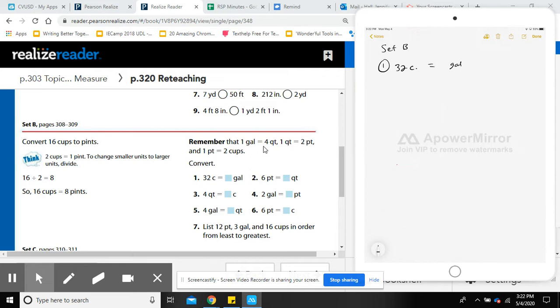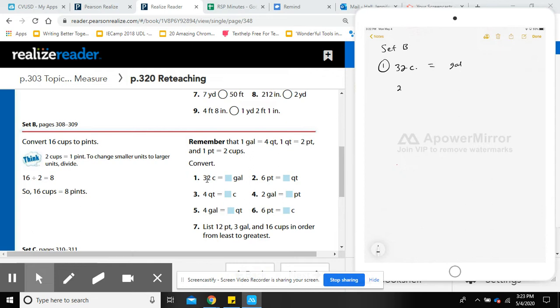So unless you know an easier way to do this, which some of you may have already figured out, and that's fine, I'm going to show you a way to do it if you don't know little shortcuts, okay? So I know that 2 cups is equal to 1 pint. So how many pints are in these 32 cups?